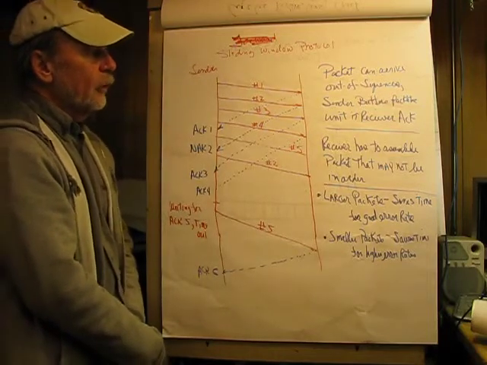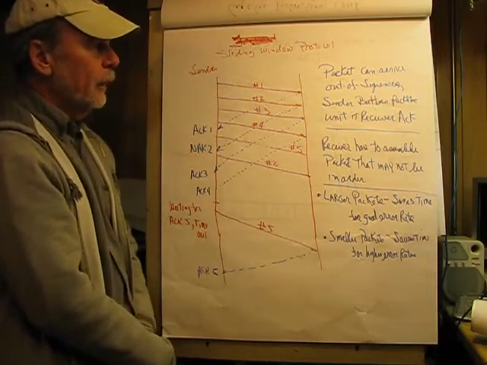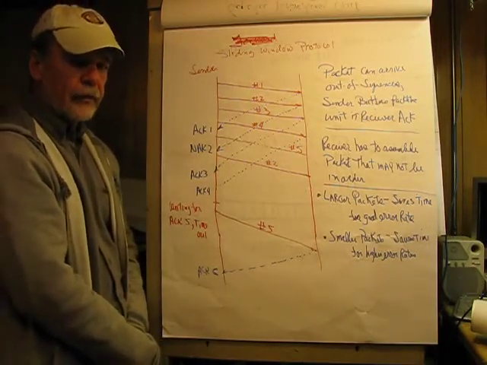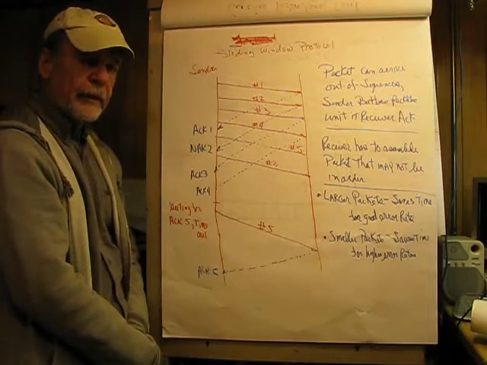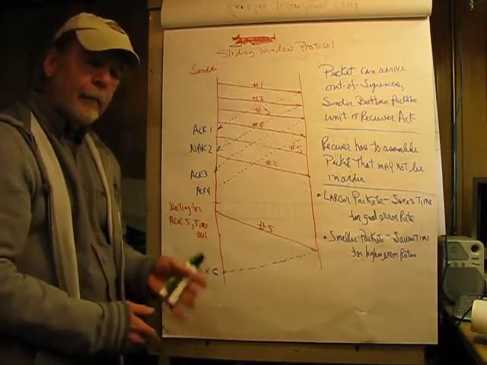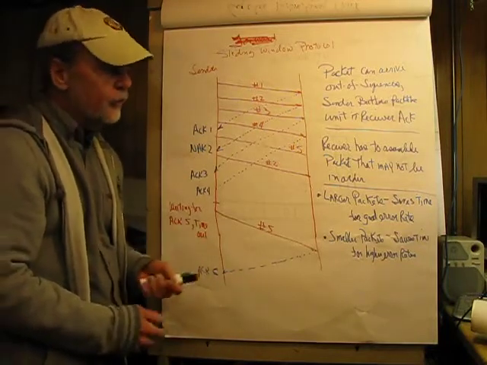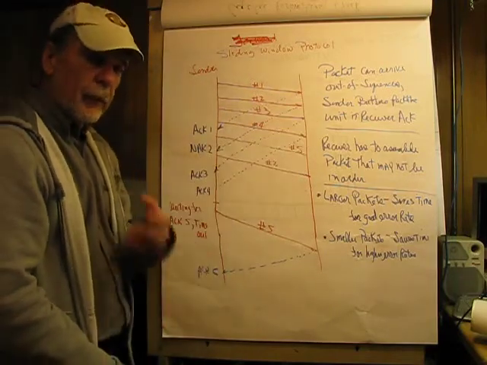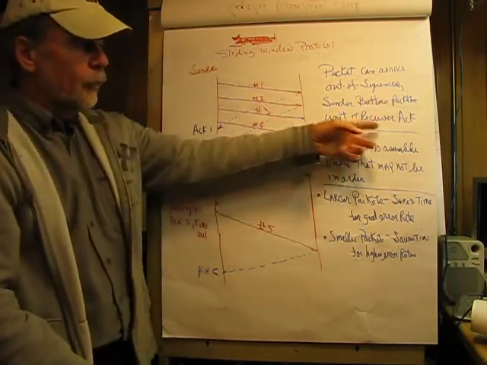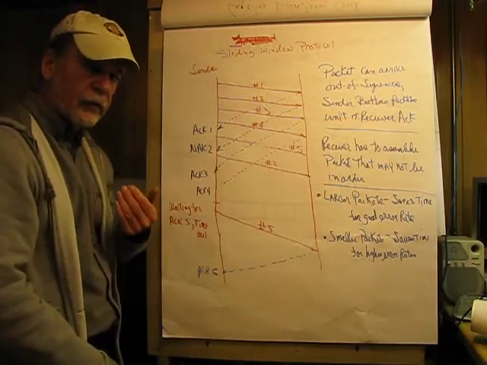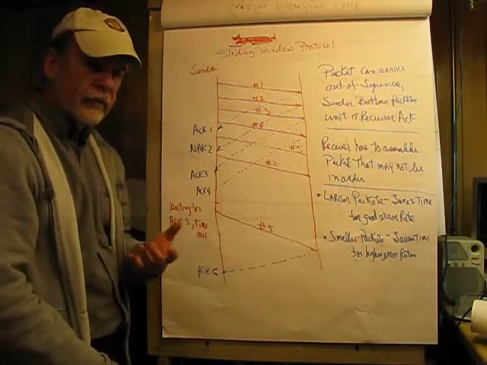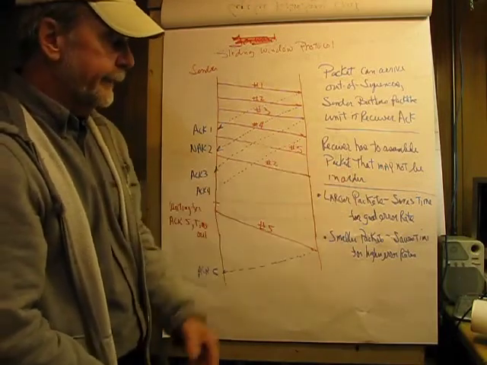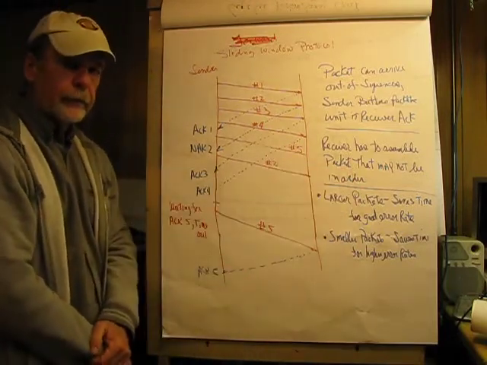So packets can arrive at the receiver out of sequence, because some packets may be taking this path, and some packets may be taking that path based on network congestion. So the sender has to buffer all these packets, that is, keep them active until it receives an ACK. Then we can clear out his buffer space, because he may have to send it again. The receiver may have to assemble the packets that don't arrive in the correct order.